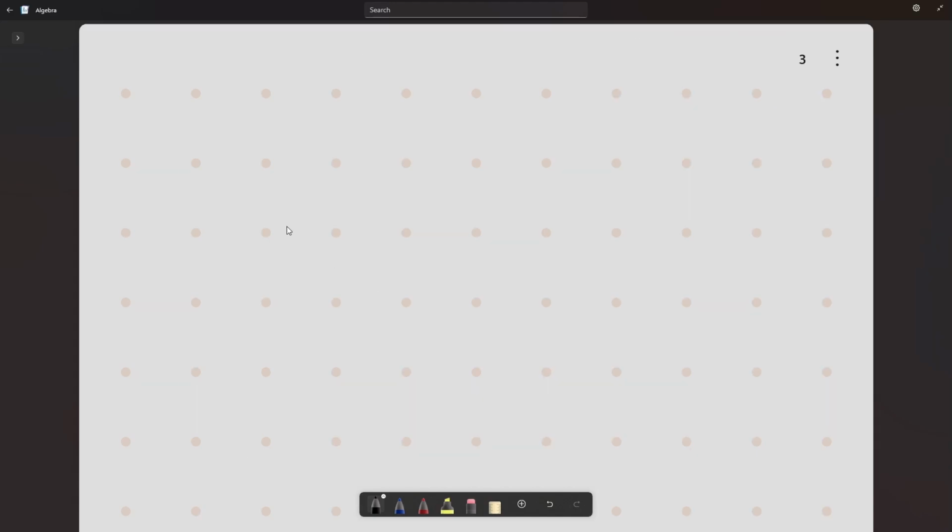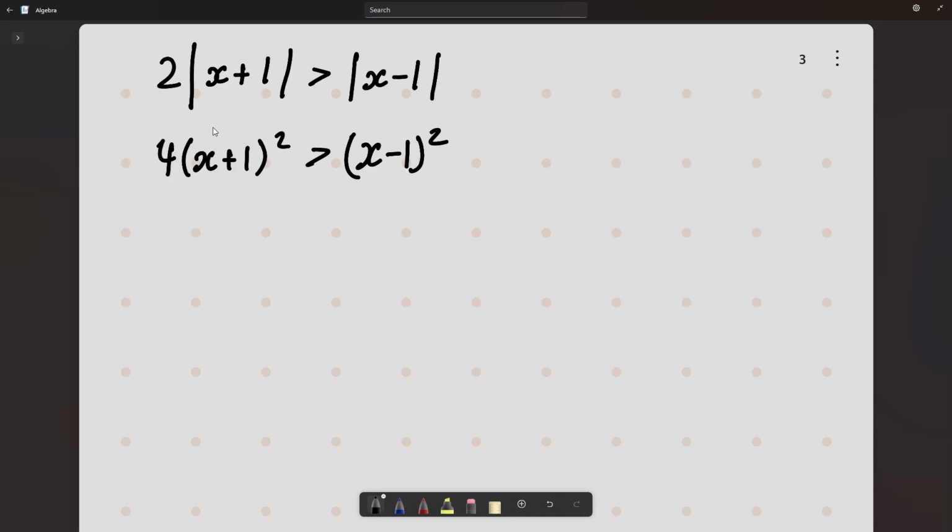Now, what if we had 2 modulus of x plus 1 greater than x minus 1? Some of you might be wondering, what could we do about 2 being outside the modulus bracket? It's nothing to be worried about. All you just got to do is square both sides, and you don't have to worry about why 2 is outside the modulus brackets.